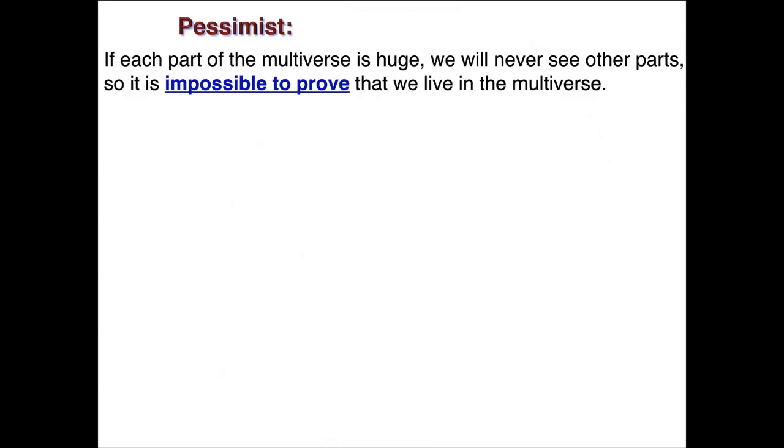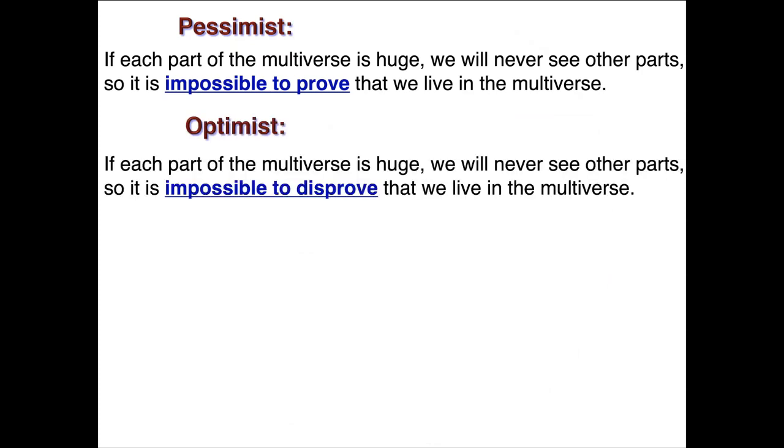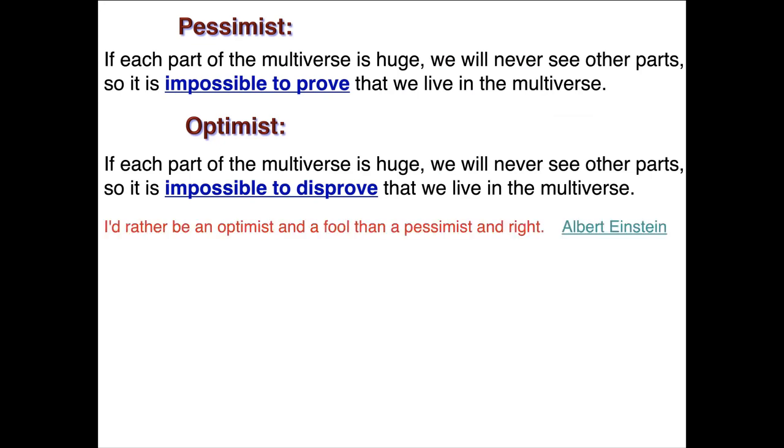So pessimists would say, if each part of the multiverse is huge, we will never see other parts, so it's impossible to prove that we live in the multiverse. Optimists will say, if each part of the multiverse is huge, we will never see other parts, so it is impossible to disprove that we live in the multiverse. And the question is then, what is fundamental? Einstein said, I would rather be an optimist and a fool than a pessimist and right.